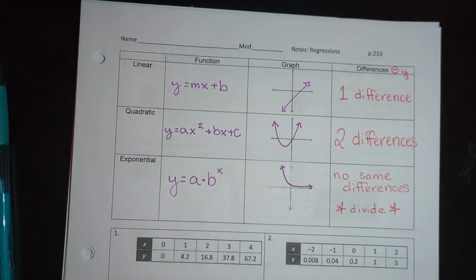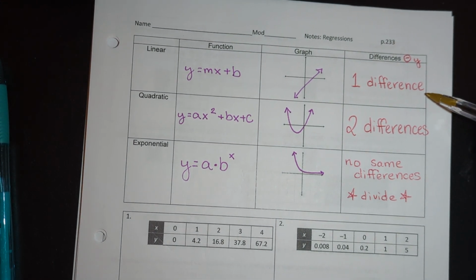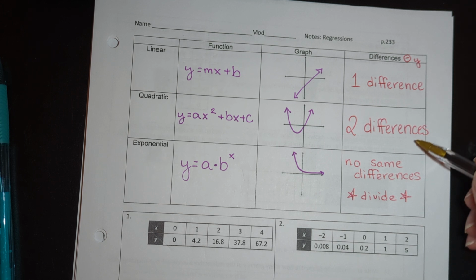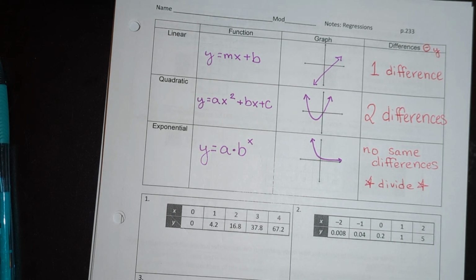I'm going to show you what all those look like. So for linear, you subtract one time. For quadratic, you subtract two times and get all the same number. For exponential, you won't get the same thing when you subtract no matter how many times, but you can divide them and get the same thing.